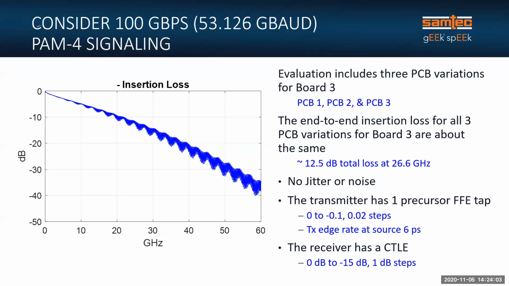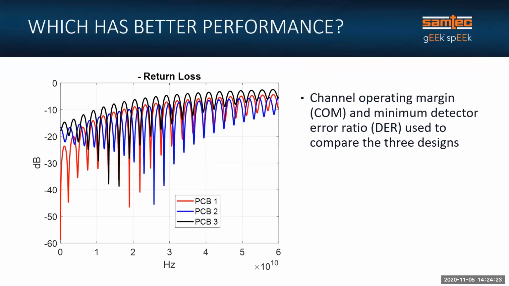No jitter, no noise, and to get this to work with any kind of loss, you have to sweep the transmitter precursor and a receiver CTLE. So we're just going to do that, and we're going to look at the channel operating margin for all three of these moving forward. Remember, I had board 1, board 2, board 3, and now I'm going to have PCB1, PCB2, PCB3. Channel operating margin can assign a quality at some minimum detector error ratio, bit error ratio. We're going to use that to compare the designs.